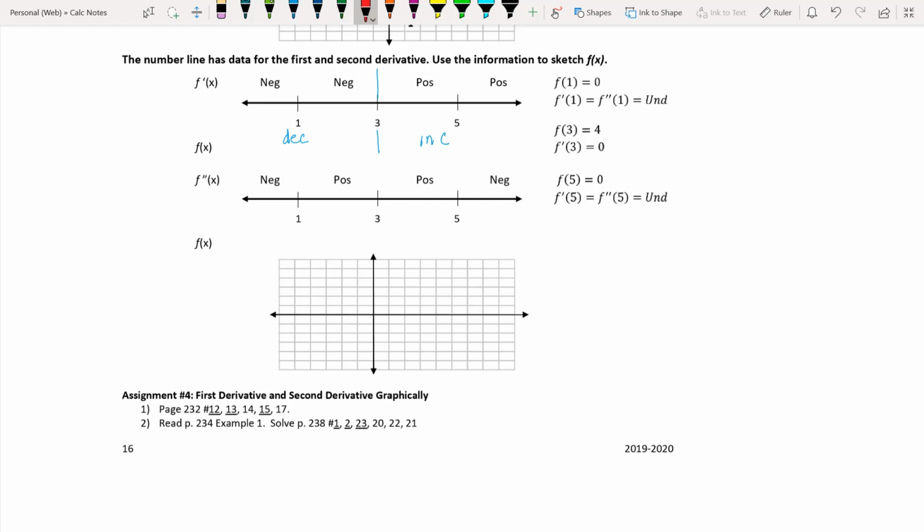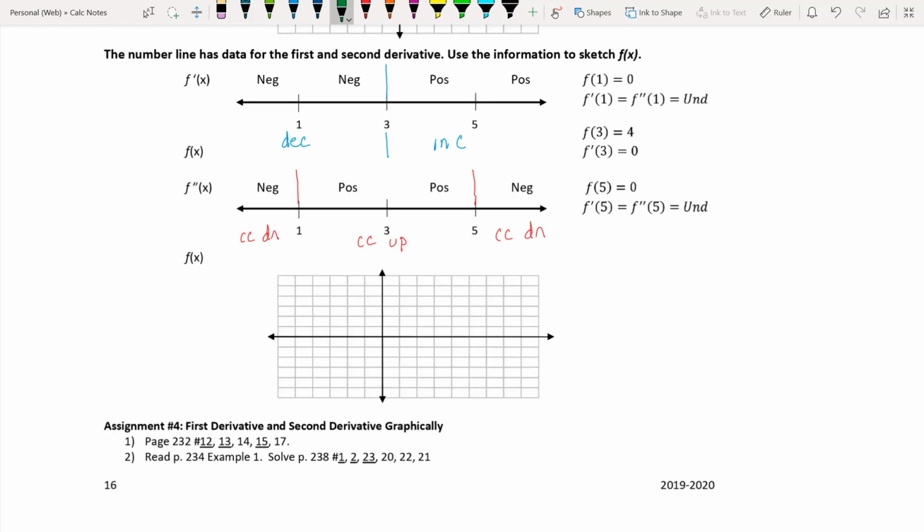And f double prime starts out negative up until 1, which means that f of x is concave down. Then we go positive, positive again. Interesting. So f double prime is positive from 1 to 5, which means I'm concave up. And then we go back to f double prime negative, which means I'm concave down.